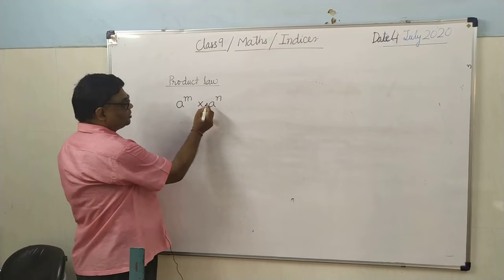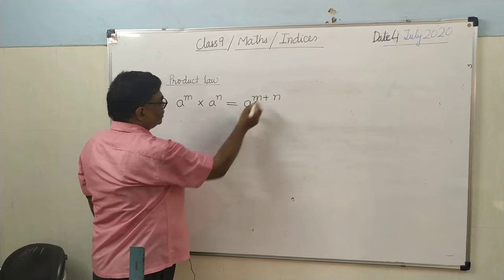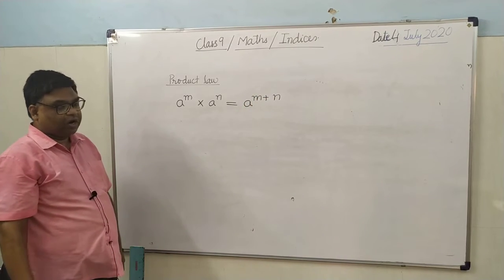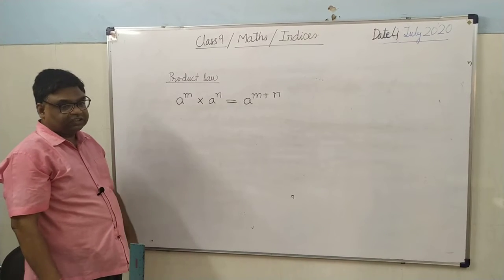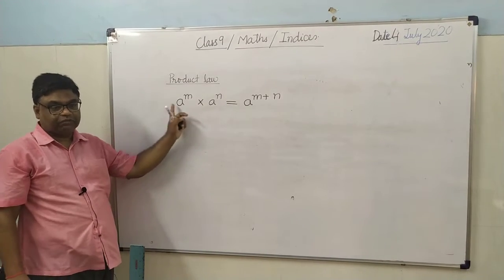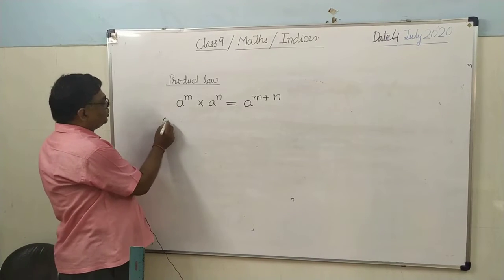Here the bases are the same, so the powers will be added. This law is known as the product law. But it applies only when the bases are the same. If the bases are not the same, this will not apply.